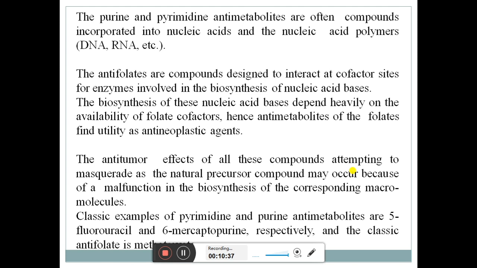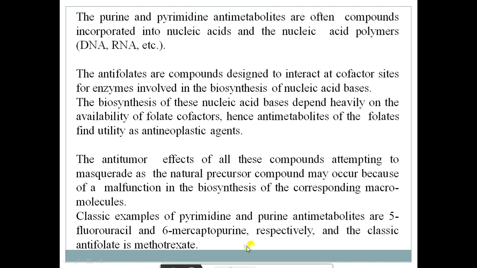Next, the anti-tumor effect of all these compounds attempting to masquerade as the natural precursor compounds may occur because of the malfunction in the biosynthesis of the corresponding macromolecules. The classic examples for these purine and pyrimidine antimetabolites are 5-fluorouracil and 6-mercaptopurine, and the classic example for antifolate is methotrexate.